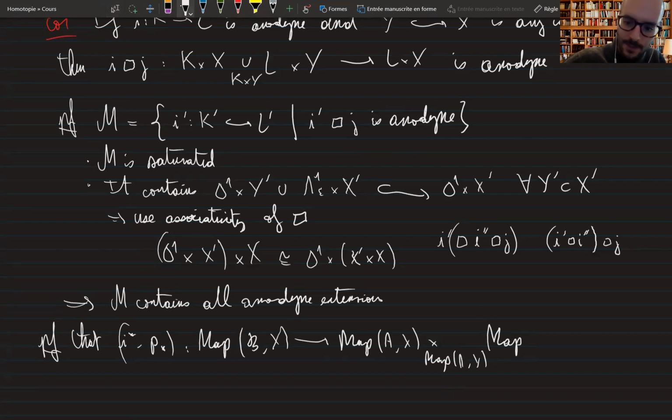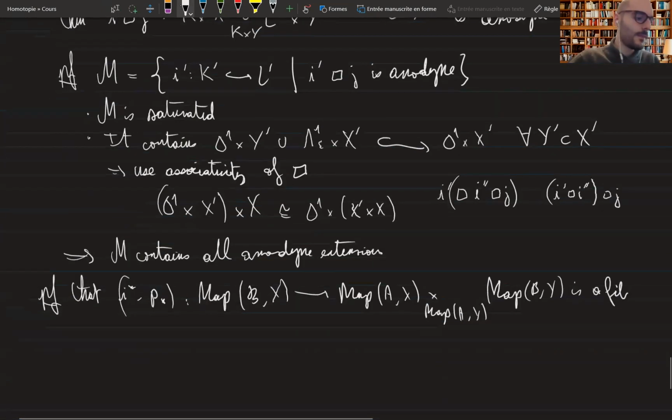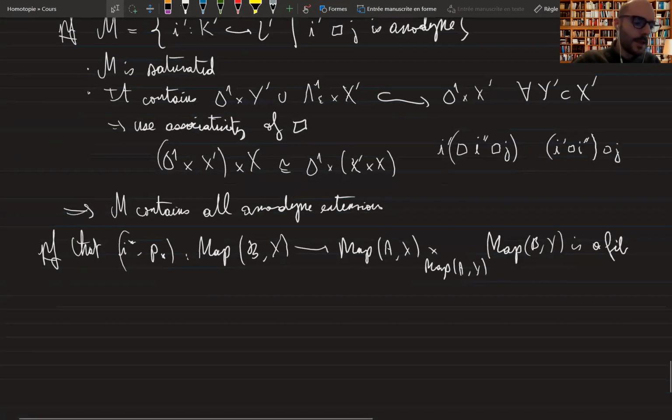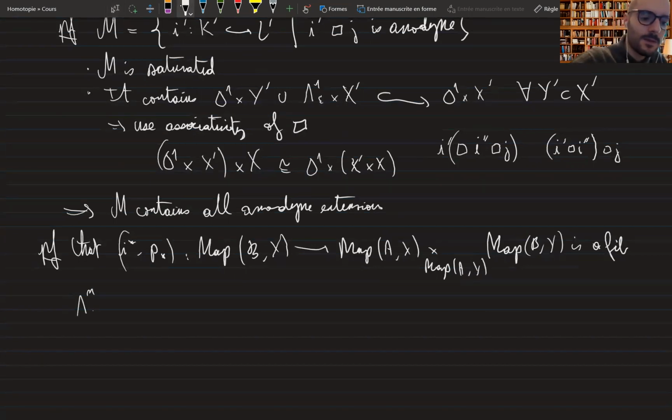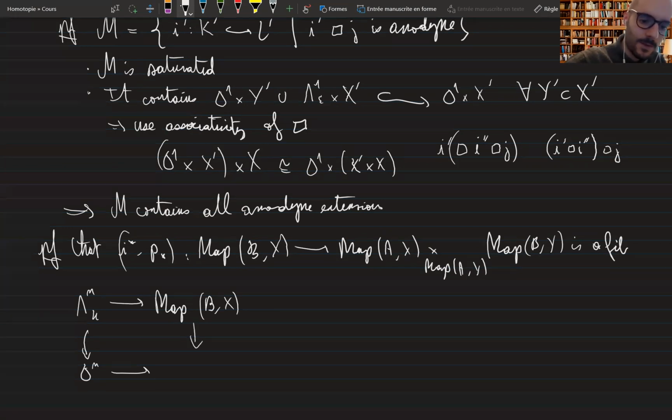Sorry, this is Ay, By is a fibration. So we have to show that this map has the lifting property with respect to this.